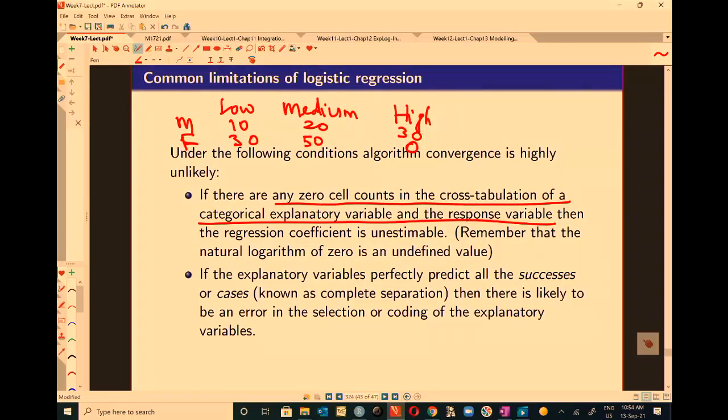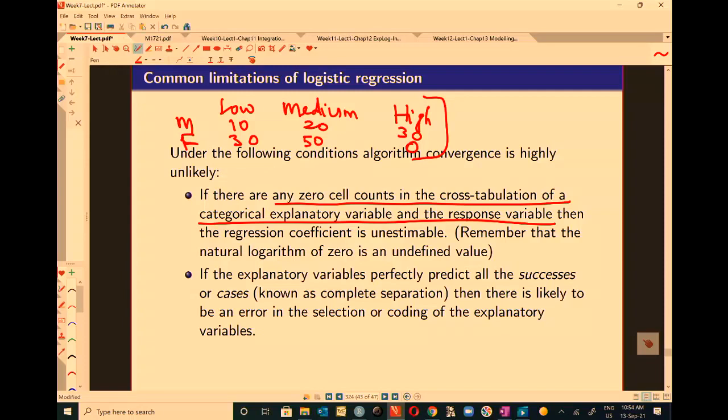That's not uncommon. If you've got categorical explanatory variables in your data, you might find they don't quite match up with your output. It's always worthwhile tabulating these things and looking at some tables before you fit the model. The unfortunate thing is that with a package like R, where just pressing a button gets you models fitted, people don't look at the data itself, and that's where problems arise, because the data doesn't behave the way you expect.